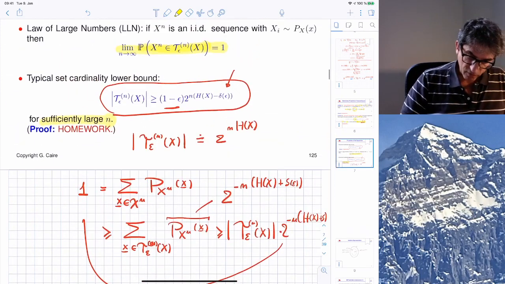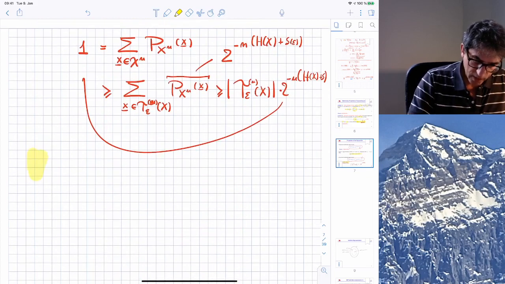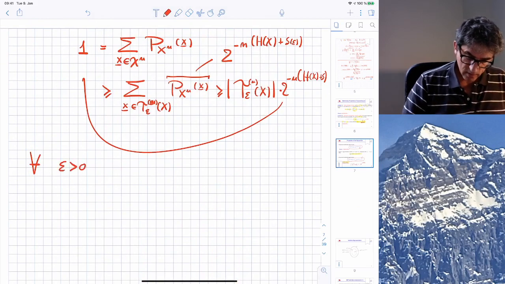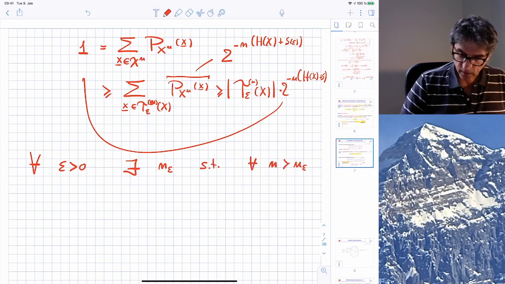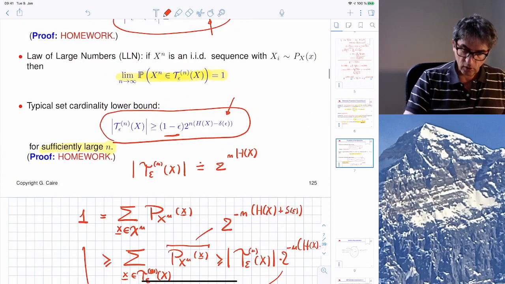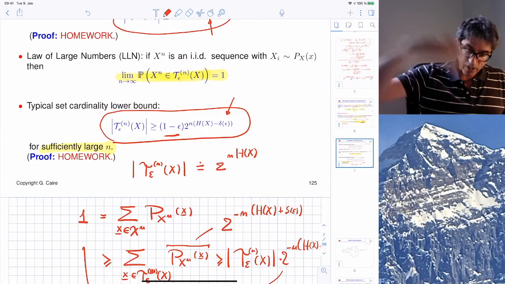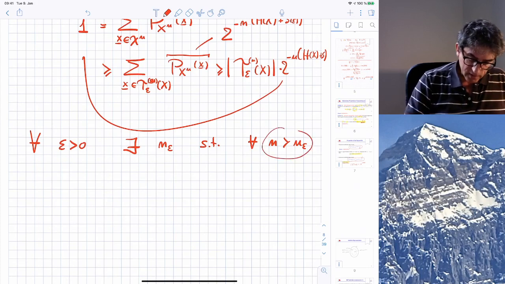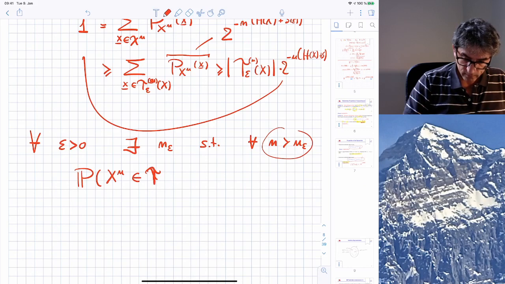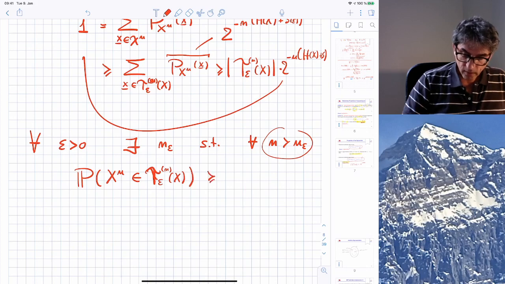Which means that for every epsilon greater than 0, there exists some n epsilon such that for every n greater than n epsilon, the following is true. If we have something with a probability that goes to 0, it means that for sufficiently large n, this probability will be greater or equal than 1 minus epsilon.